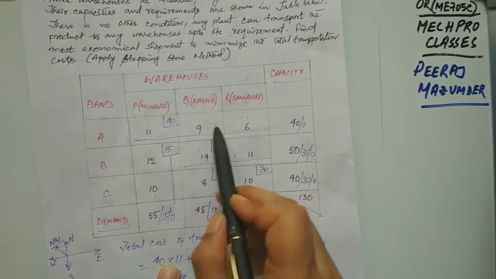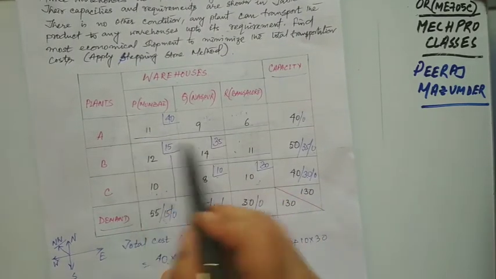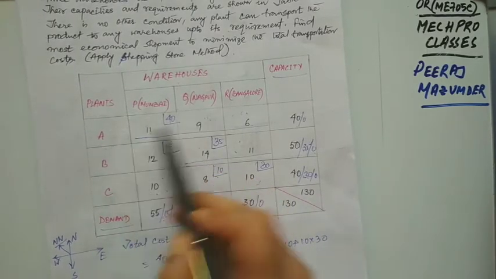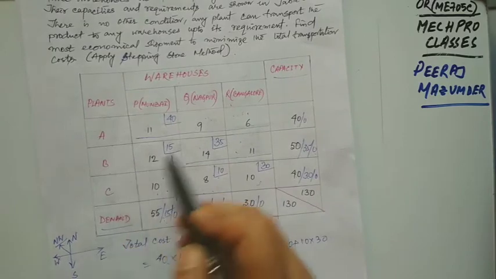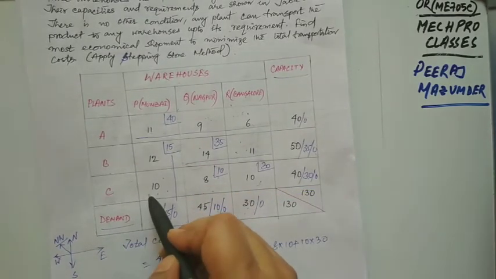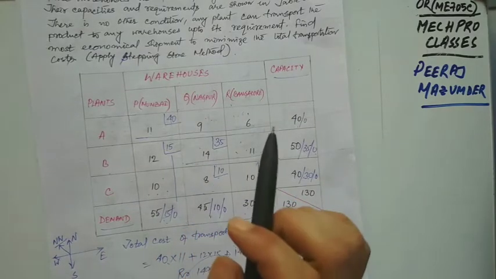These unallocated cells are known as water squares in the stepping stone method. For this particular matrix, we have AQ, AR, BR, CP. So these are the 4 water squares in this particular matrix.